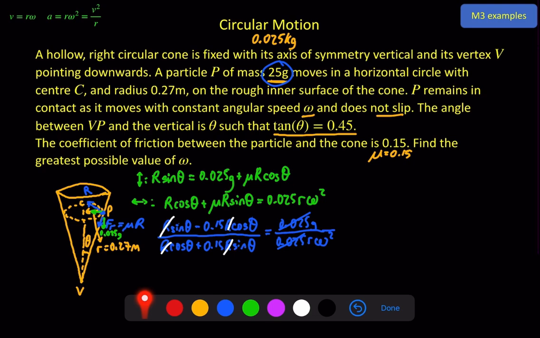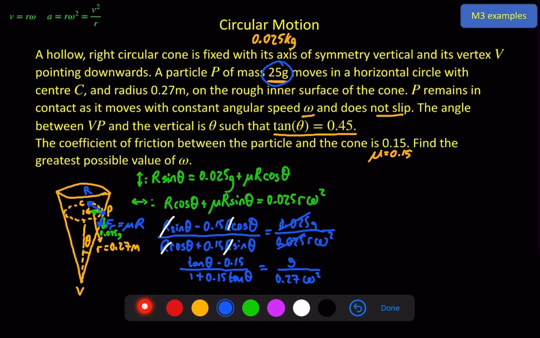Same here. So dividing each of these terms by cos theta gives me tan theta minus 0.15 over 1 plus 0.15 tan theta. Over here we've got g, which of course we know, r, which we also know, 0.27, and the one thing we don't know now, omega squared.